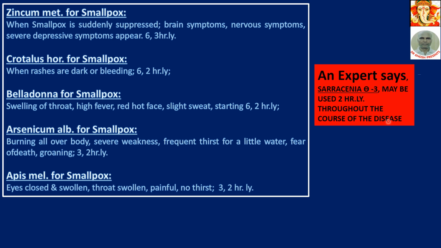That is, this medicine is so widely used that you need not think about the stage of the disease, whether the rashes have come out or not, whether the pus has formed or not, whether the rashes are dry. In all stages you can give Sarracenia mother tincture or 1x, 2x, 3x.